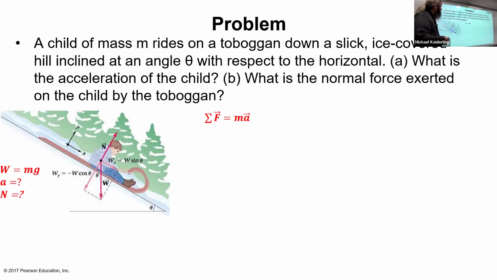So the sum of the forces equals mass times acceleration. We know this toboggan is traveling in the x direction, down the slope. So the sum of all the forces in the y direction is equal to 0. That means the sum of all the forces in the x direction just equals mass times acceleration. We're not worrying about the direction there, we're just talking about the size of the acceleration.